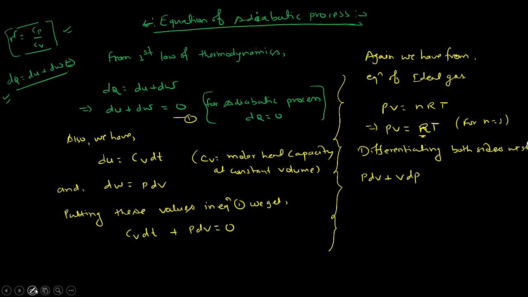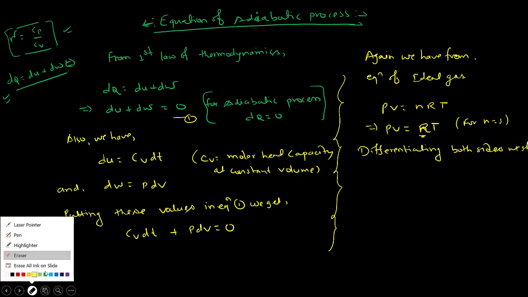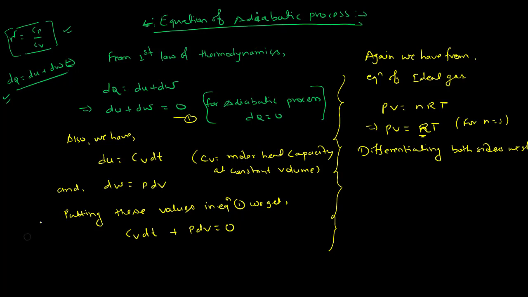We can write the derivative of PV equal to the derivative of RT. Now applying the chain rule, PdV plus VdP equal to R dT, where R is constant.